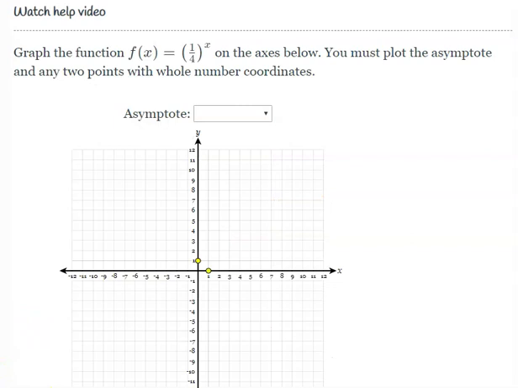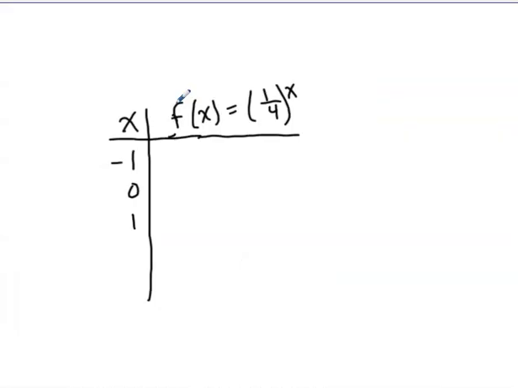All right, so let's finish off with what we will do if we have a fractional base. Okay, so let's go back to our scratch paper. Again, we've got our 3 starting points here. Don't have any transformations here, so this is kind of a parent function of itself.